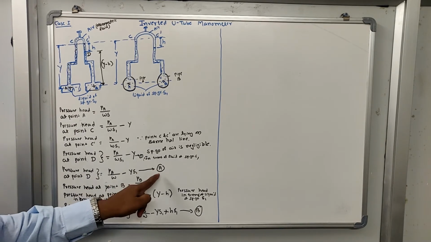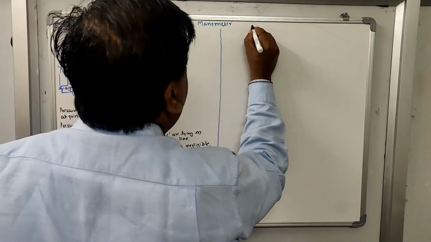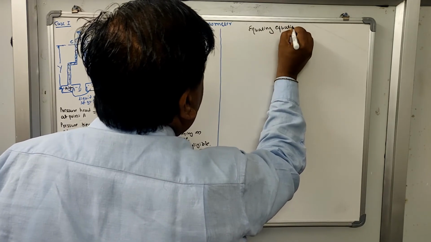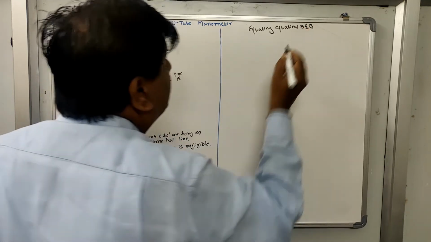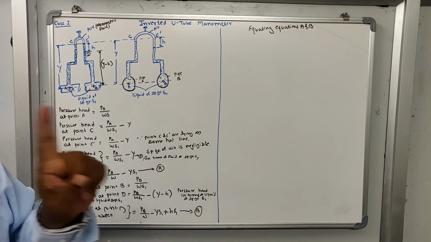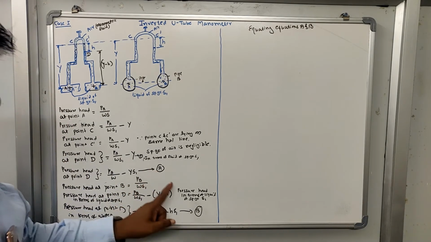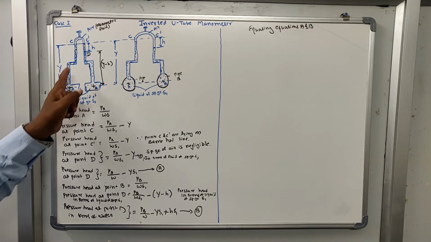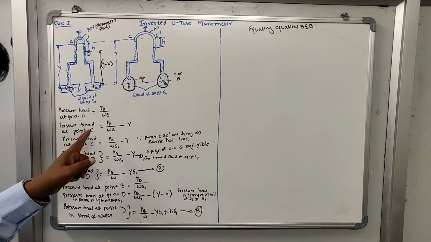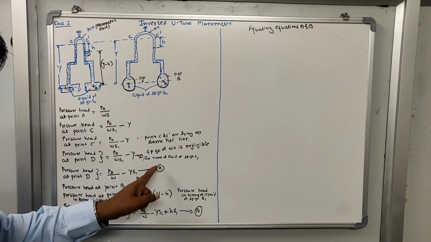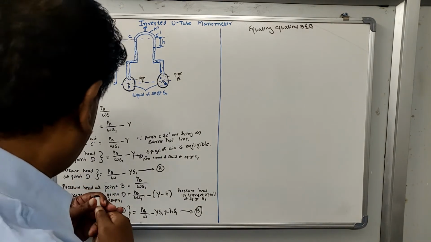So you can equate equations A and B, because both equations give the pressure head at point D in terms of water. Hence you can equate A and B.